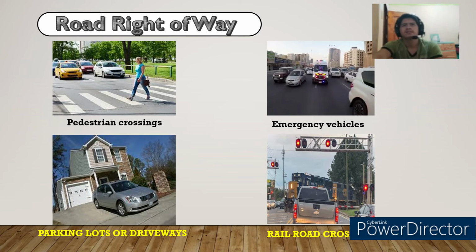The first example is the pedestrian crossing. That is the first picture. Obviously, a driver should always give the right of way to pedestrians at crosswalks, unless a traffic enforcer or traffic signal is actively managing the movement of pedestrians.